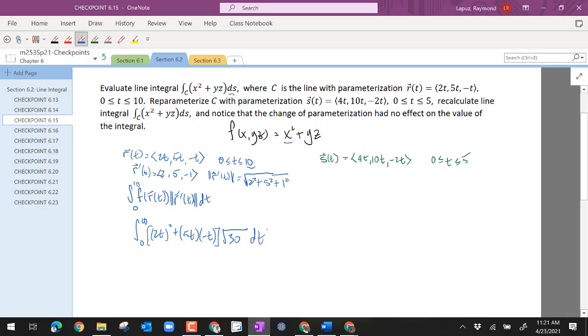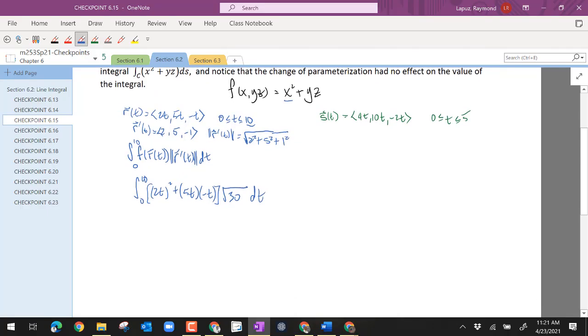So this is our first integral: 4t squared minus 5t squared, square root of 30, dt, and when we add them, we get negative 1, and square root of 30 is a constant.